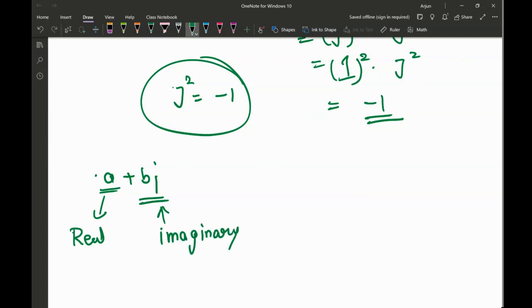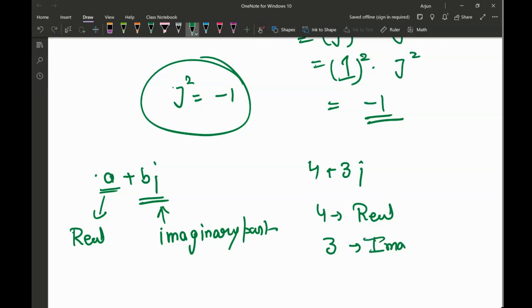Now if I write a number x plus 3j, rather than writing x, I'll write 4. So 4 becomes the real part, and 3 becomes the imaginary part in this one.